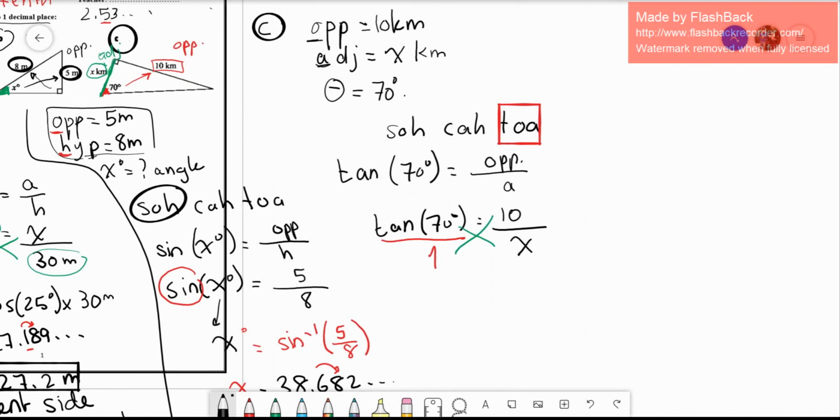So you will multiply 1 by 10. You will get 10. You can put it here or there, it doesn't matter. I'm going to write it here. And on the other side, you're going to multiply tangent of 70 degrees by x. Therefore, on the other side I'm going to get tangent of 70 degrees times x.